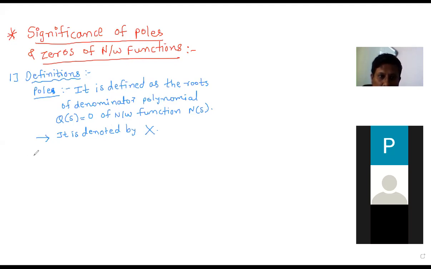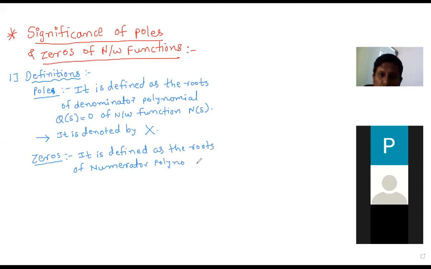Next, the definition of zero. Only you have to replace q of s with p of s, the numerator polynomial. So a zero is defined as the roots of the numerator polynomial p of s equal to 0 of the network function n of s.